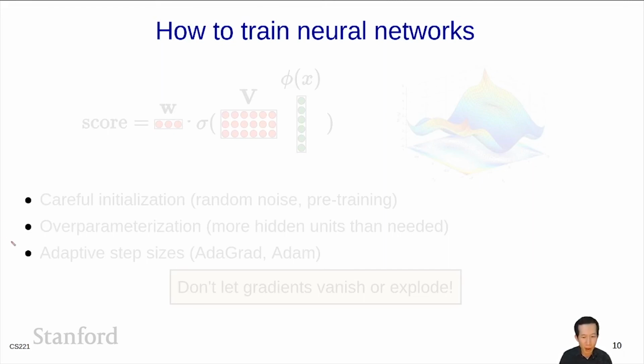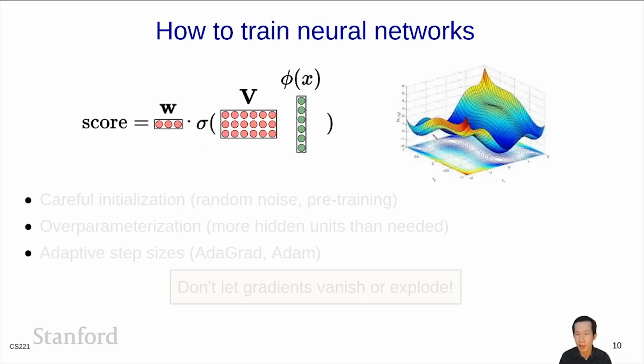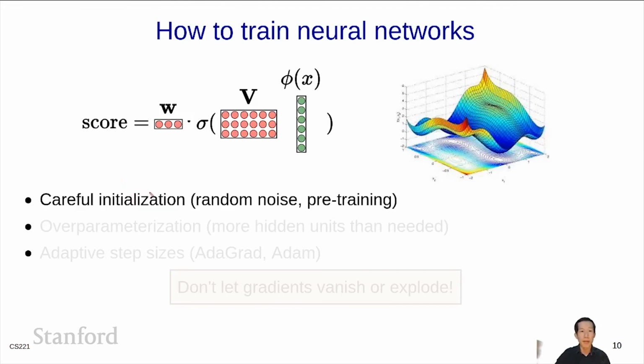Okay. So here are some examples just to give you a flavor of what needs to be done. Here is a two-layer neural network, and here is the loss function. The first is that initialization matters. If you have a convex function, wherever you initialize, if you run it for long enough, you converge to the global optimum. For a non-convex function, if you initialize here, you might get stuck up here. If you initialize over here, you'll get stuck here, and so on.